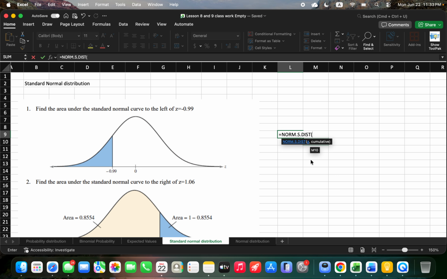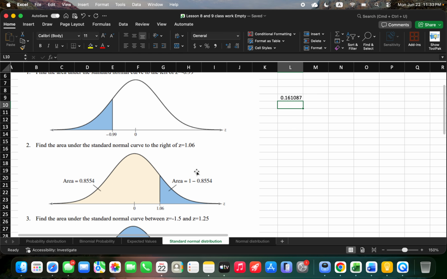Now you click z score, which is negative 0.99. Now this area is always cumulative, so you must choose true here and close and enter. Then this is the area value, in other words, probability value from the left hand side to the z score negative 0.99.